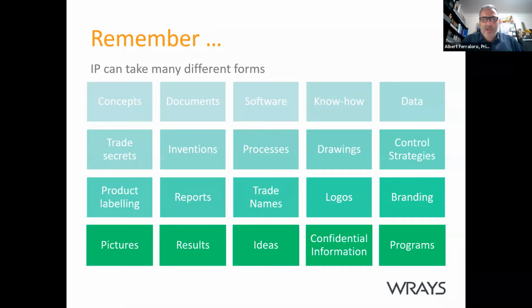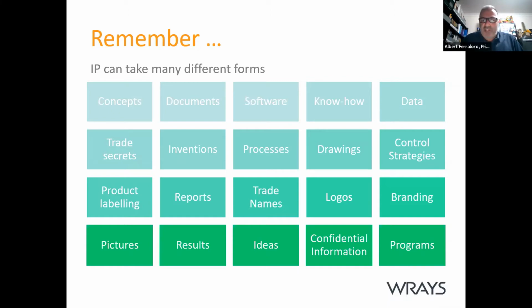The other quick reminder that I like to do up front is just to highlight that IP to us, and me in particular in my IP management space, is not just that revolutionary or breakthrough invention that someone's come up with. That certainly is a form of IP that can be very important for a business, but all of these other types of IP that you see on this slide can be very important to the success and the longevity of your business.